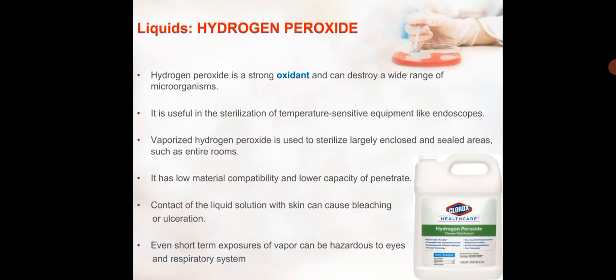Number 1 is hydrogen peroxide. Hydrogen peroxide is a strong oxidant and can destroy a wide range of microorganisms. It is useful for the sterilization of temperature-sensitive equipment like endoscopes. Vaporized hydrogen peroxide is used to sterilize largely enclosed and sealed areas, such as entire rooms.